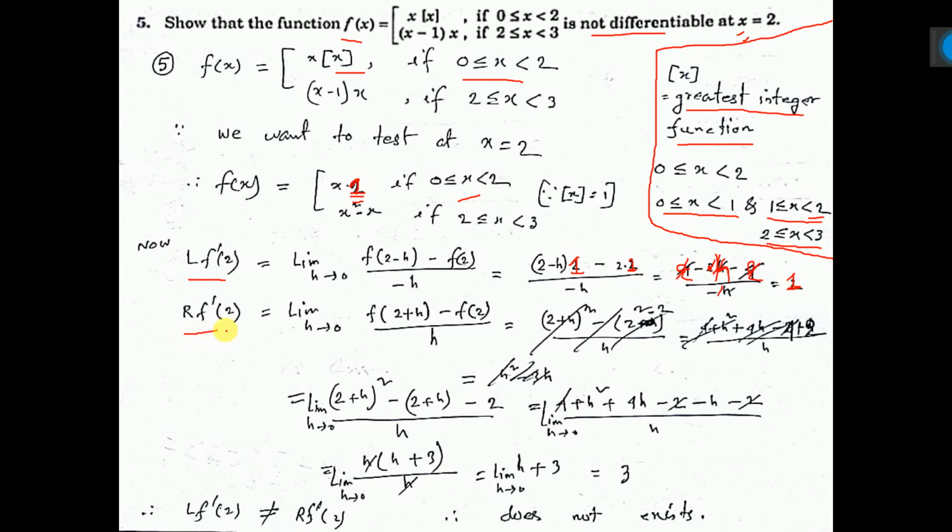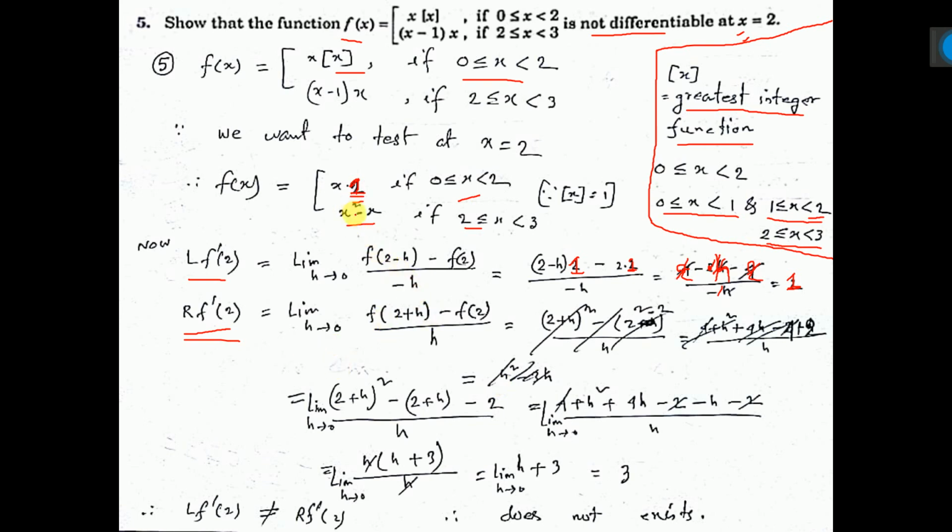Now Rf'(2), that is right hand differentiation. What is the formula? Limit h tends to 0 of (f(2 + h) − f(2)) / h, because at the point 2. Right hand limit means 2 plus, which means the value of x is greater than 2. So this one, x² − x, with x equal to 2 + h.